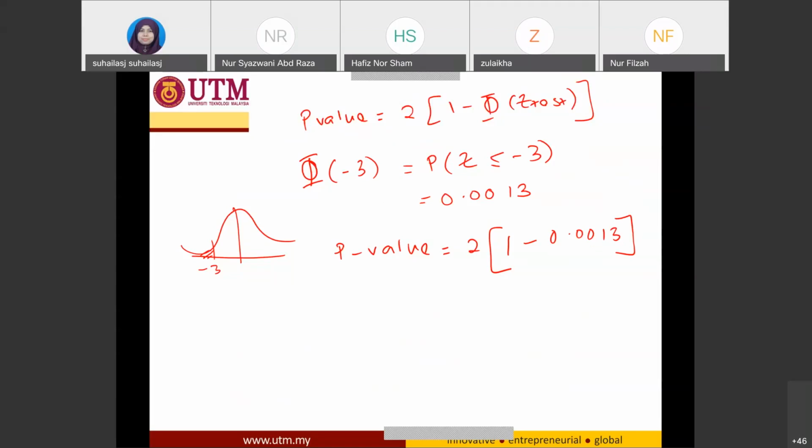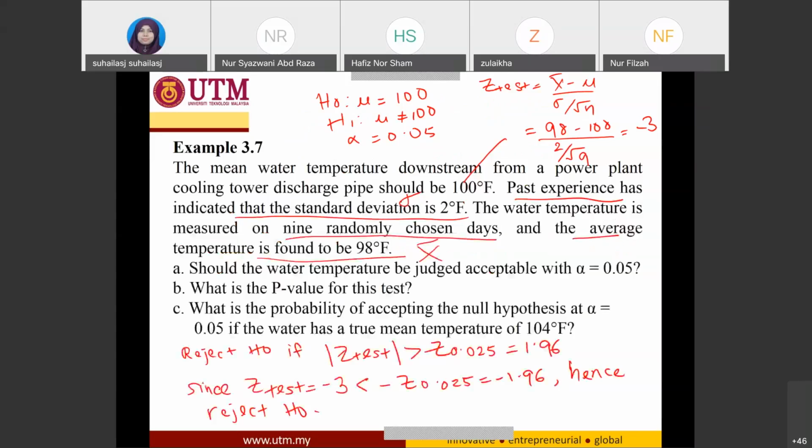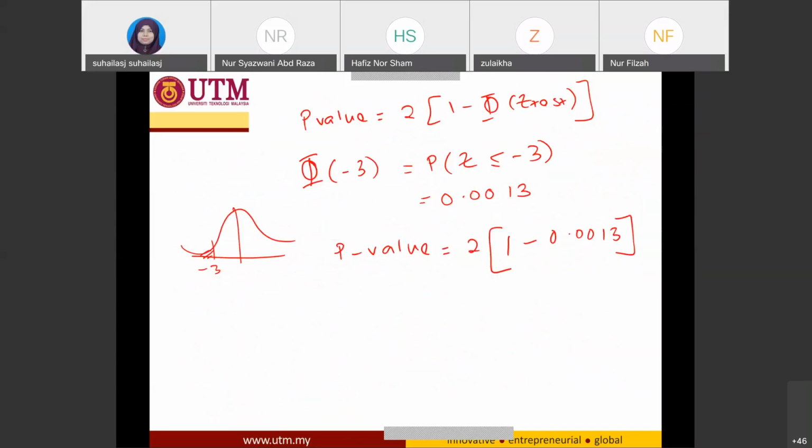So if this one is multiplied by 2, that means 1 point something, right? Is this question correct or not? So if you compute this one, you get 1 point something when multiplied, right? Is that right? That means something is wrong with this question.